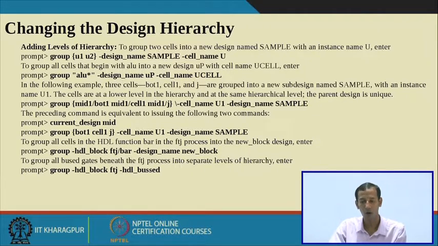To group all cells that begin with ALU into a new design mu_p with the cell name u_cell, how can you do that? group ALU*.